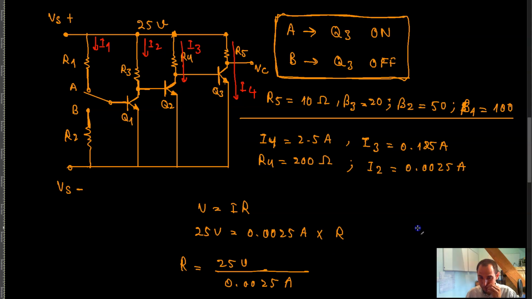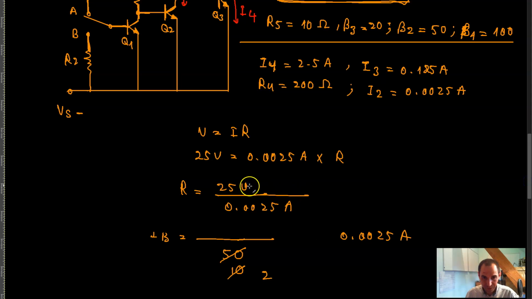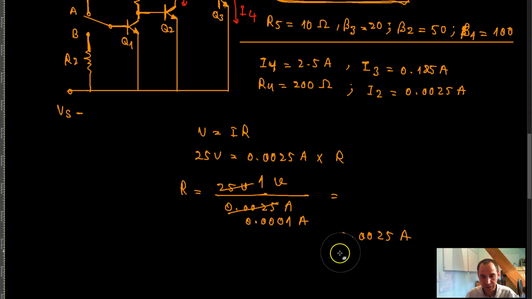which means that R is equal to 25 volts divided by 0.0025 amps. 1 divided by 25 would be 0.0001 amp, which gives us 1 divided by 1/10,000, which is 10,000 ohm.